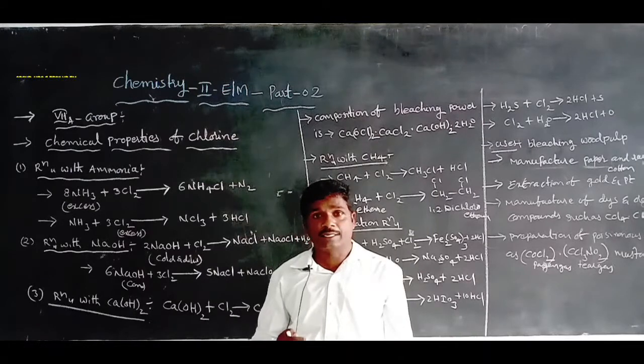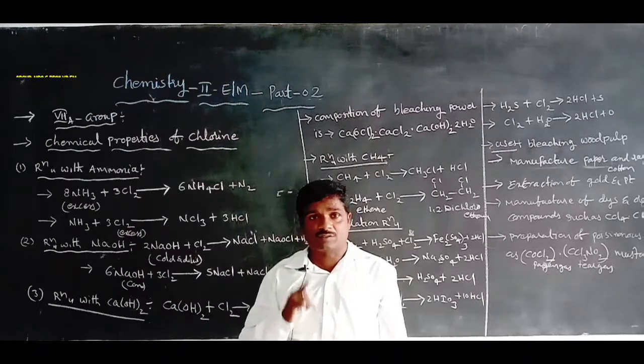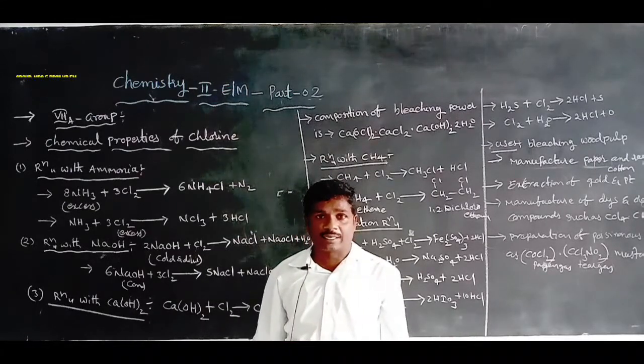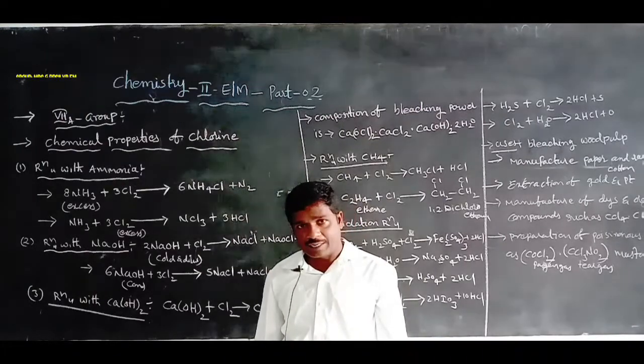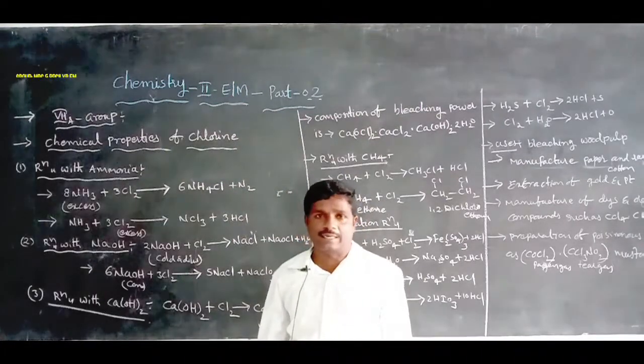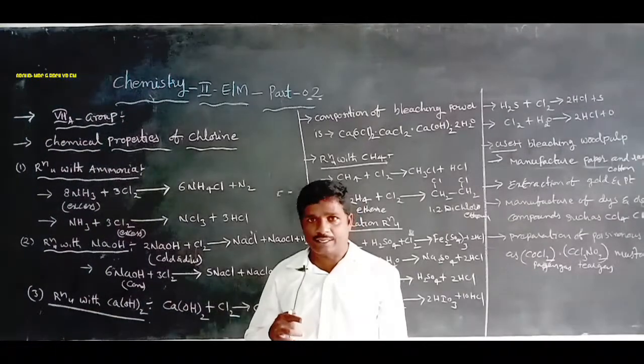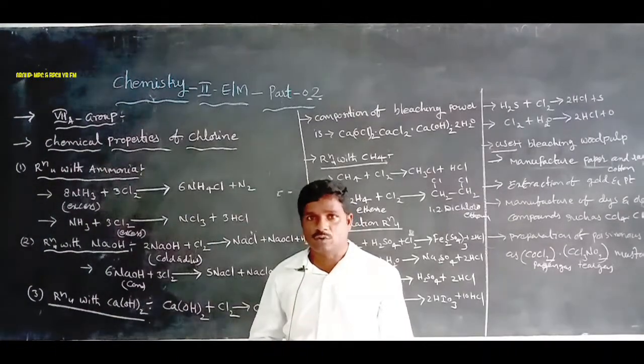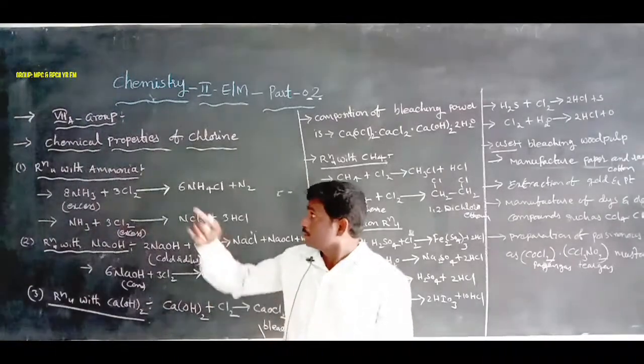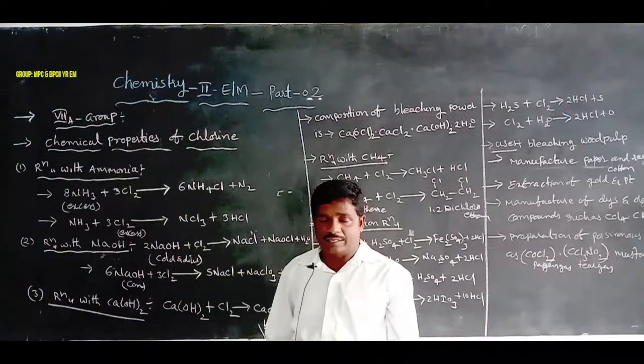Chlorine is prepared by three methods: the first is the laboratory method, the second is the Deacon process, and the third is the electrolysis process. Remaining is the chemical properties of chlorine.